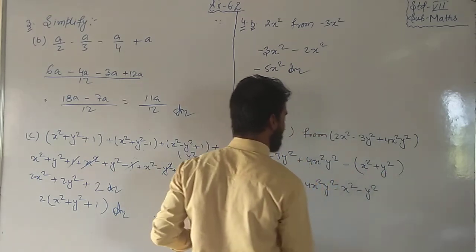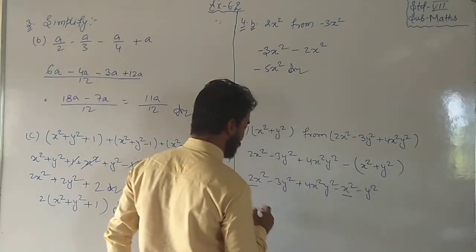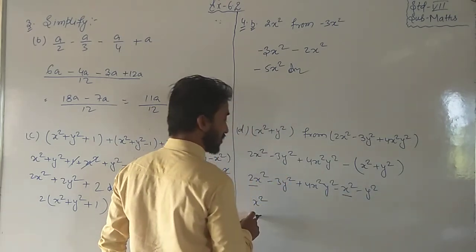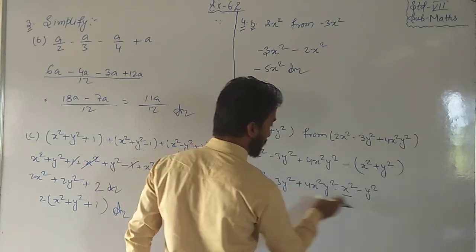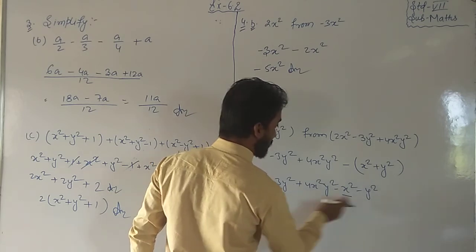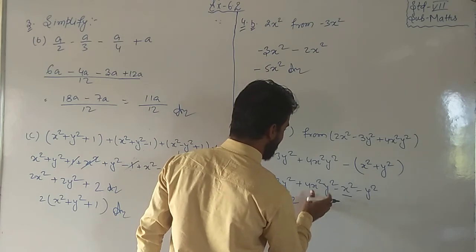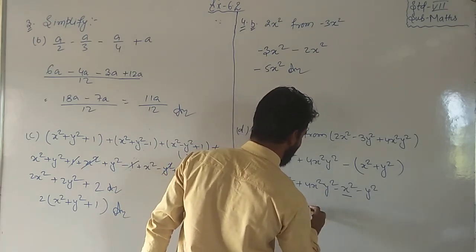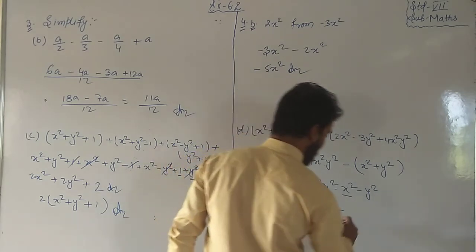Minus plus minus y square. See, students, like terms are there. 2x square minus x square is x square. Minus 3y square minus y square means minus 4y square. And plus 4x square y square. It is your answer.